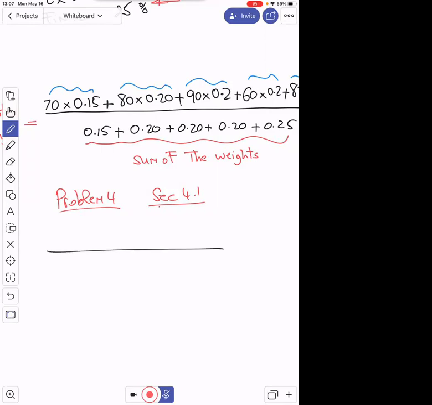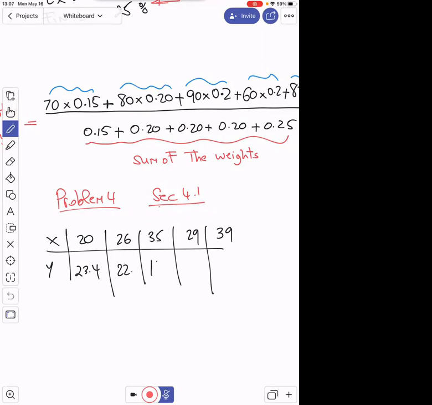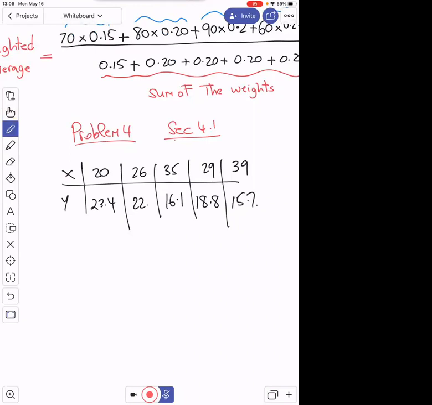Here you have your X and your Y. The first X is 20, then 26, then 35, then 29, and then 39. The corresponding Y values are 23.4, 22.0, 16.1, 18.8, and 15.7. It says plot the scatter diagram of the data. So the scatter diagram, just to remind you.